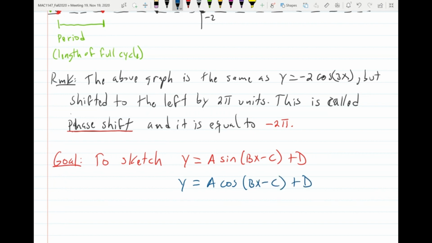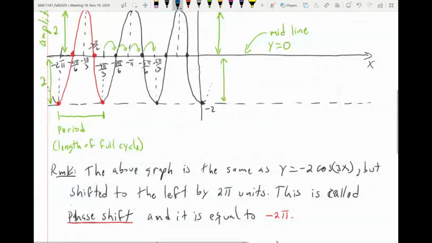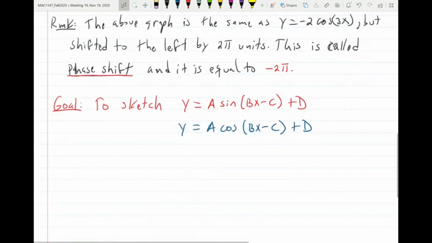We're gonna use the above example to come up with some formulas, and then we're gonna use them in application, doing some examples of functions and graphing them like we did above.